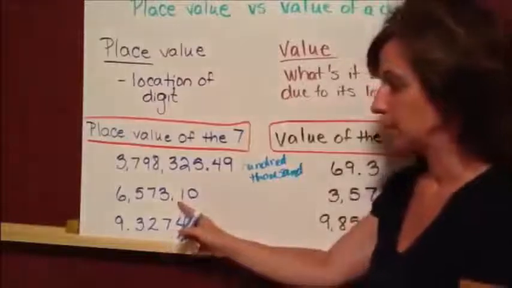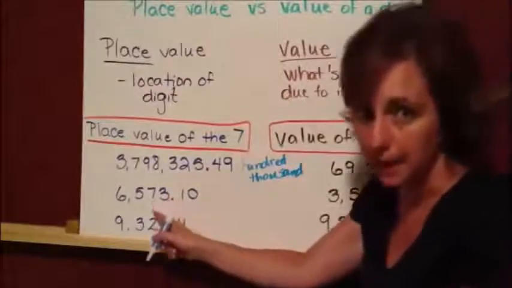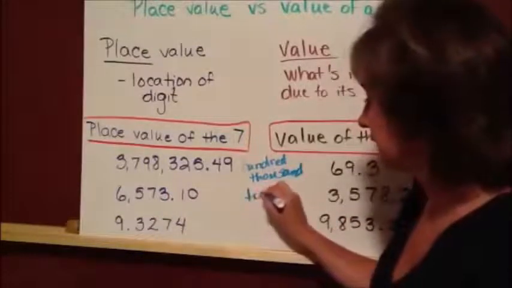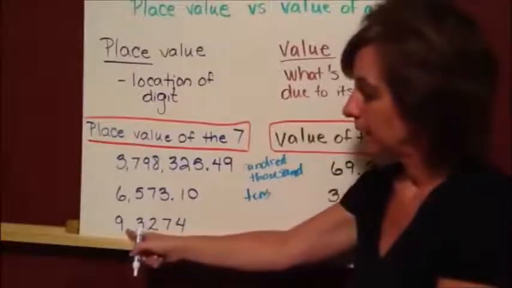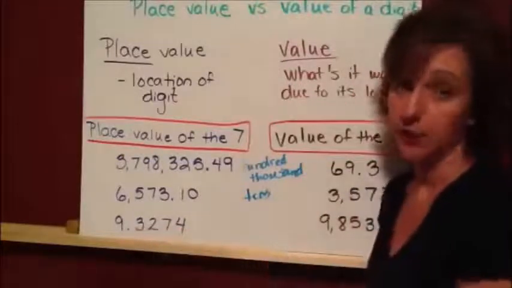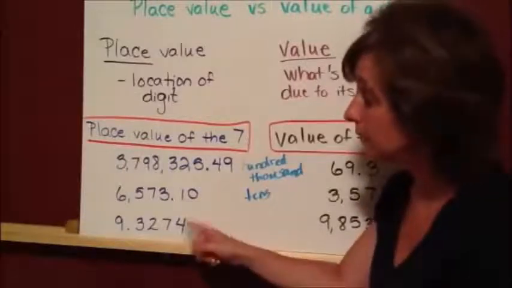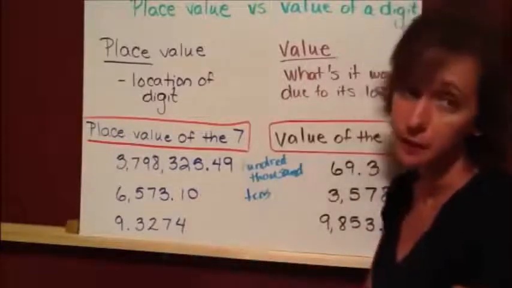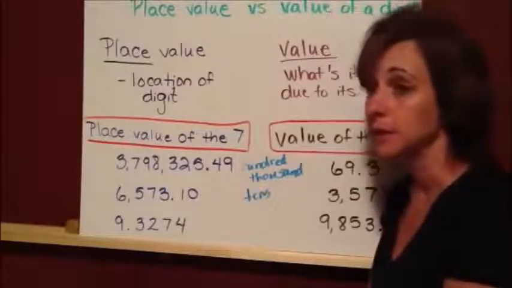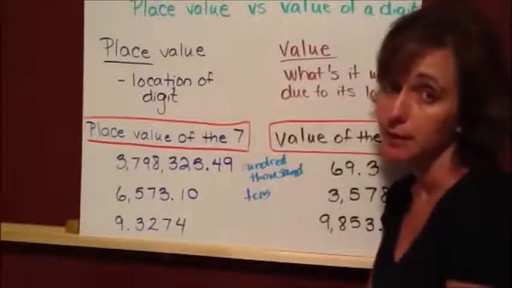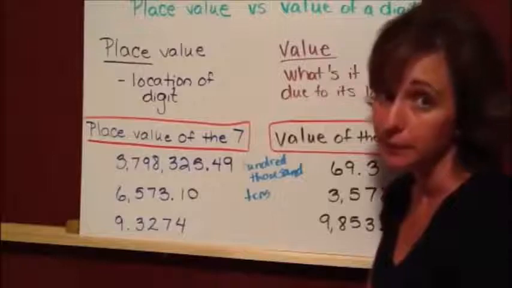In case you forgot, our place value song goes: ones place, tens place, hundreds place, comma, 1,000, 10,000, 100,000, comma, 1 million, 10 million, 100 million, comma, just 10 digits to a billion.